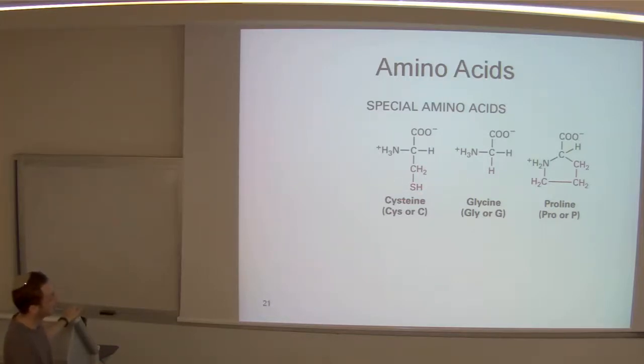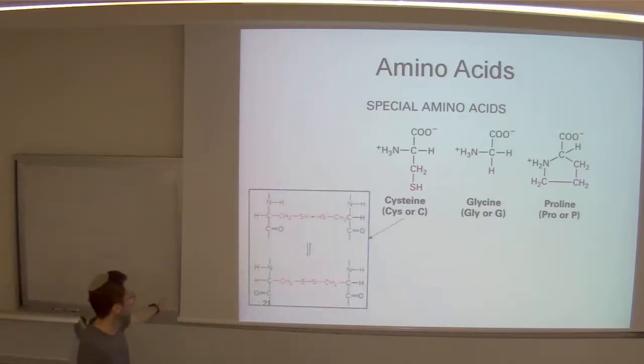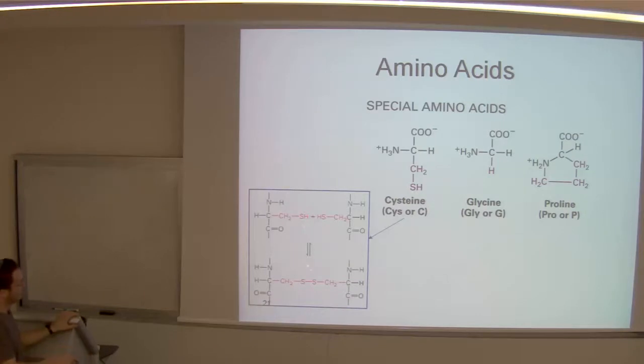It has an SH moiety, which, if encountered with another cysteine, from the same peptide or from another peptide, from the same molecule or another molecule, can produce a covalent bond between the 2 cysteines, and this is what we call a disulfide cross-link.